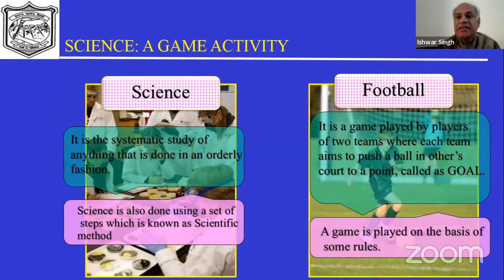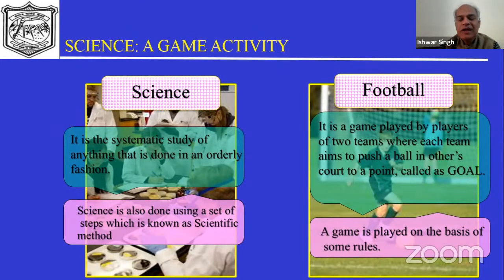Now, what is the scientific method? This is the most important thing. Although we have tried to find similarities between a game and science activity, in actual sense, if I again ask you, are they parallel?